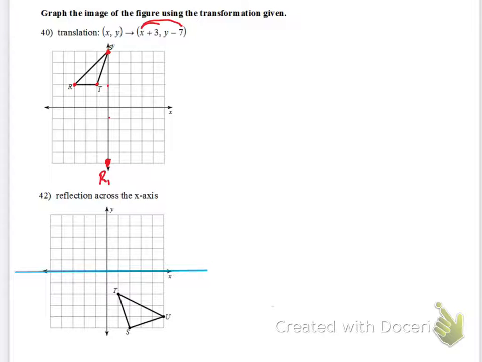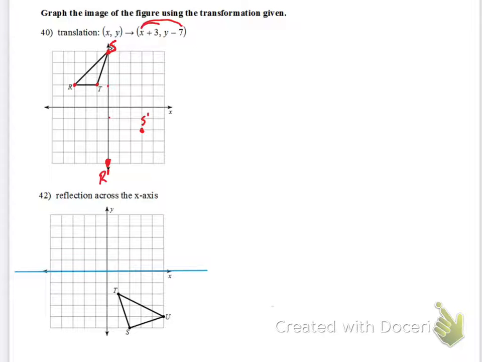I put the prime on the top there. And then I'm going to start at, I believe that's a y. No, it's an s. This is an s up here. So I'm going to go plus 3. 1, 2, 3, and then down 7. 1, 2, 3, 4, 5, 6, 7. And that's going to be my s prime.